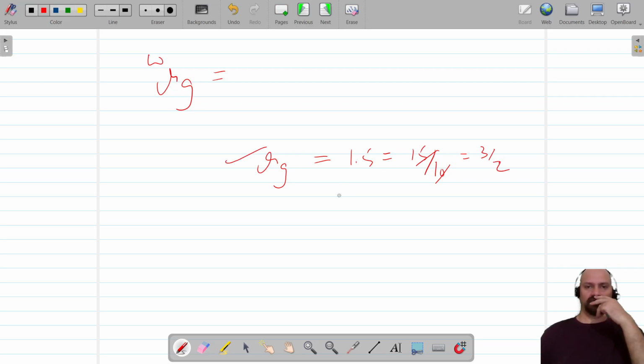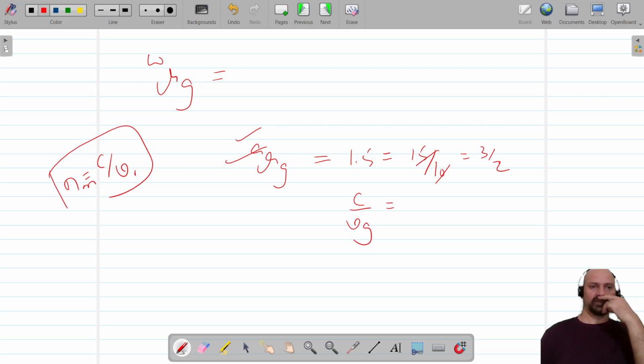Now the refractive index is given by this. This is the absolute refractive index with air. So refractive index is equal to c upon velocity of light in the medium, here glass. So this becomes 3 by 2 equals c upon velocity. Similarly, the refractive index of water is given, which is 4 by 3, sorry.